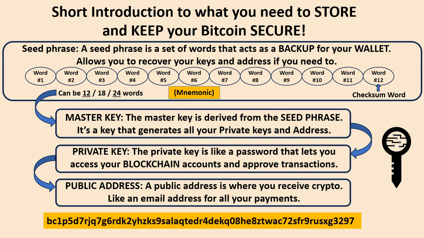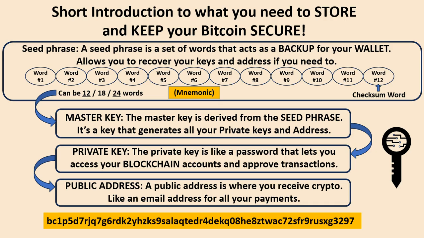So if you were going to use a 12-word Bitcoin address, those 12 words must be in a specific order, and you can choose all 12 of them. The first 11, of course, are chosen by you. The 12th word out of a 12-word mnemonic set must come from a predefined set of remainder words, if you will, called the checksum word.